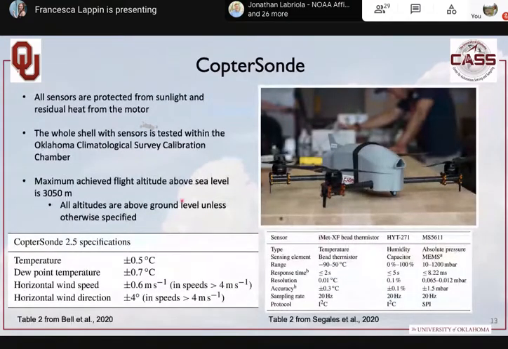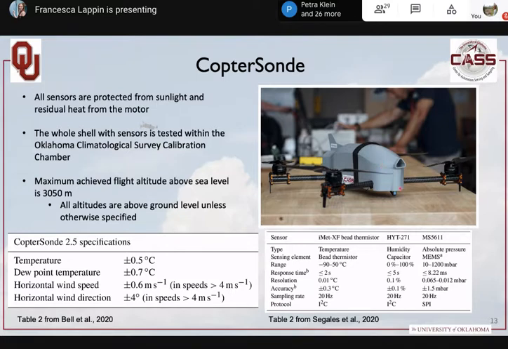The RPAS that was used to collect all the data in this study was the CopterSonde. You can see the CopterSonde here. It is designed, tested, and manufactured by CASS engineers. It is a quad rotary copter with a 3D printed shell where the suite of 9 sensors, 3 each of temperature, humidity, and pressure, act as passengers within the scoop, where they are protected from sunlight and residual heat from the motor.